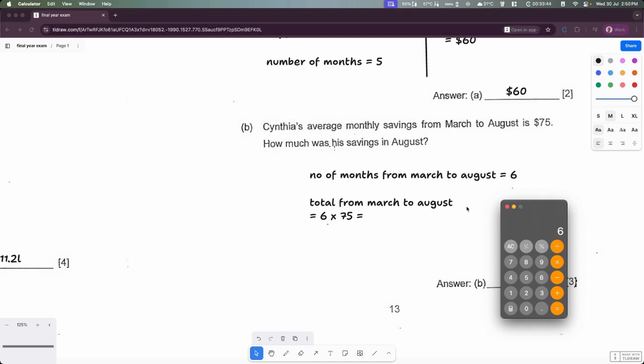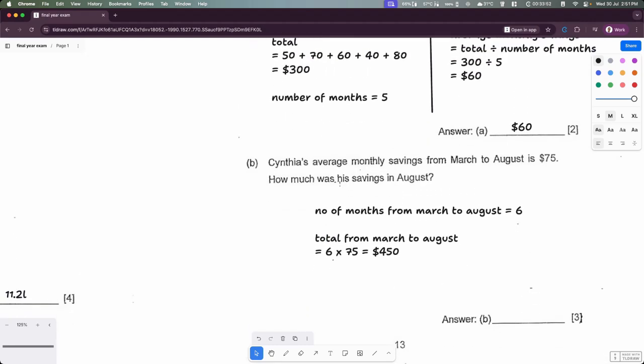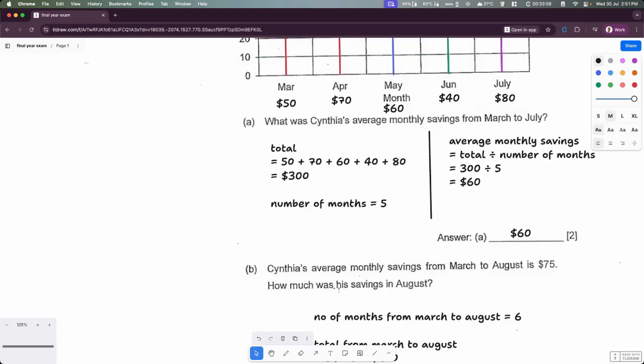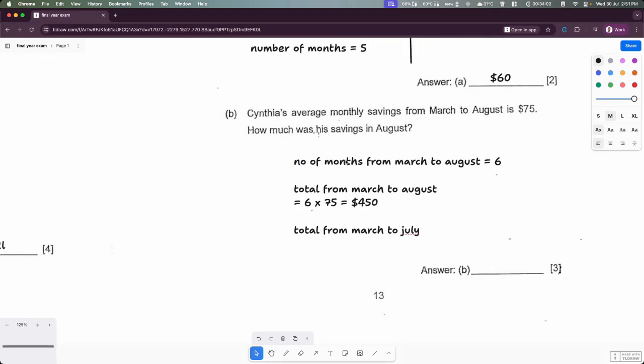So 6 times 75, this will give us $450. Okay, so now we know the total from March to August. We also know the total from March to July, which in this case is $300.